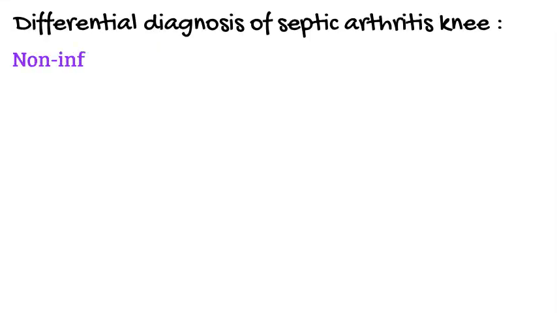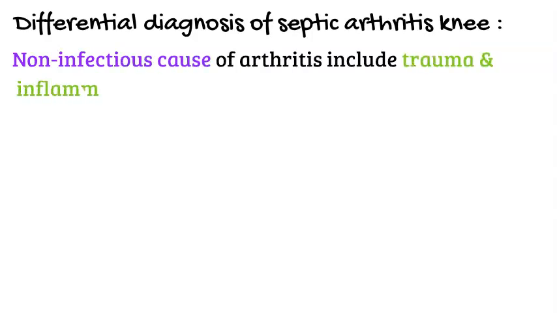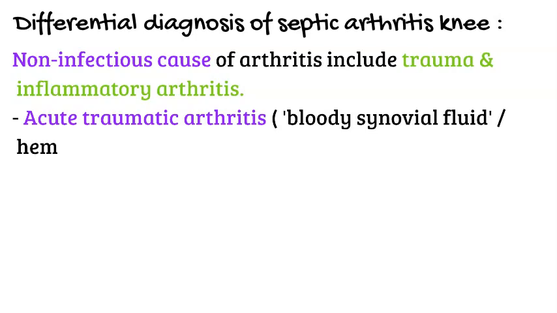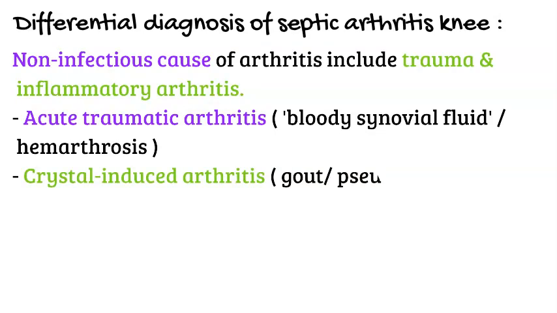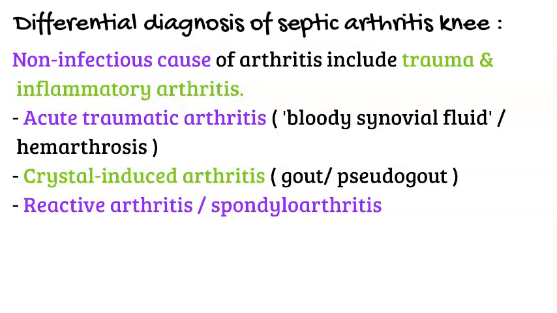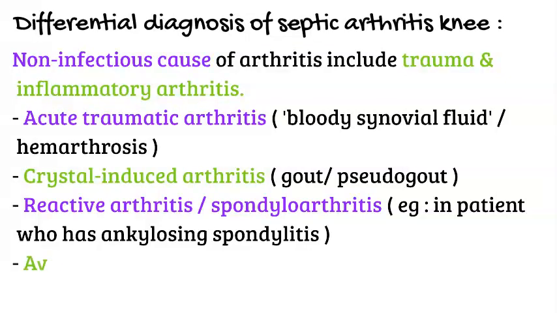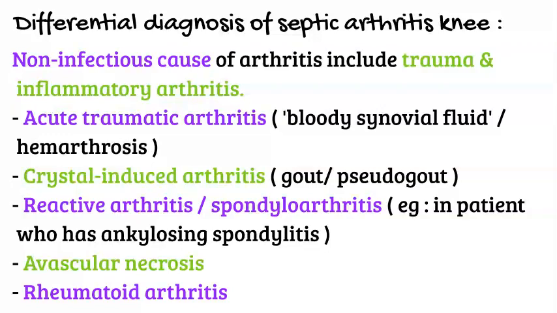The non-infectious causes of arthritis include trauma and inflammatory arthritis. These include acute traumatic arthritis, bloody synovial fluid or hemarthrosis, crystal-induced arthritis, either gout or pseudogout, reactive arthritis or spondyloarthritis, for example in a patient who has ankylosing spondylitis, avascular necrosis patients, rheumatoid arthritis patients.